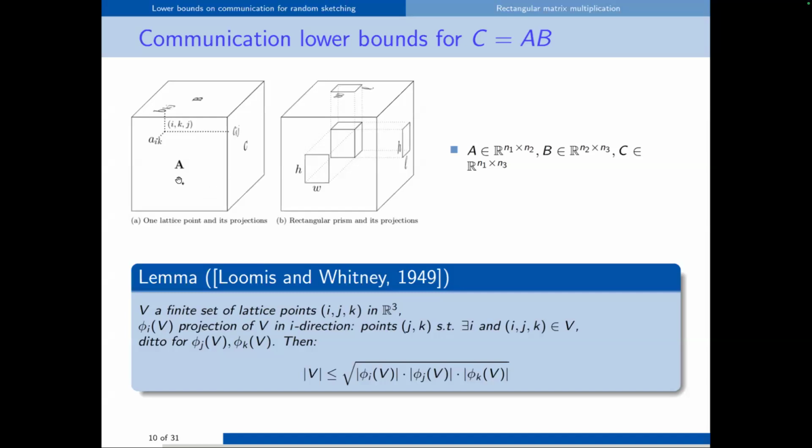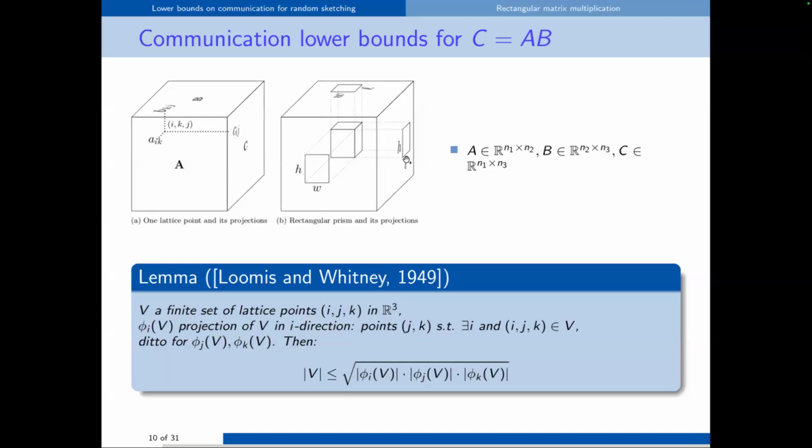And on the faces of this cube, we have the matrices A, B, and C. And the Loomis-Whitney inequality says that if we look inside this cube and we take a set of points, so this will be some of the multiplications we are performing, and then we project this set on the faces A, B, and C, then we have that the number of points here, V, is smaller or equal than the square root of the projections on the three faces.